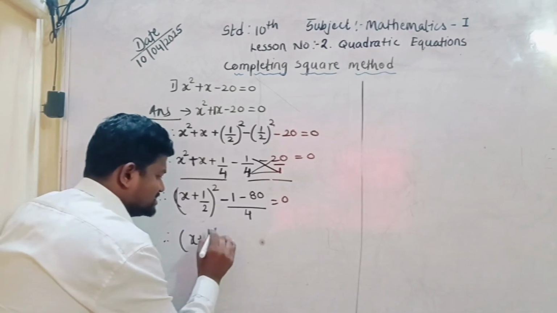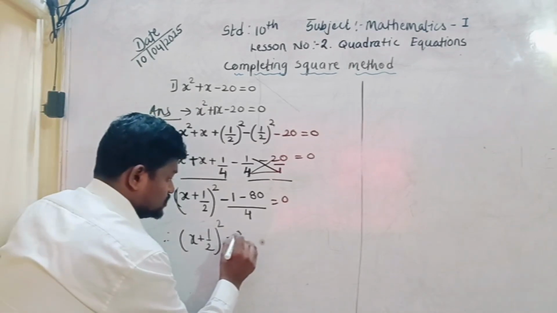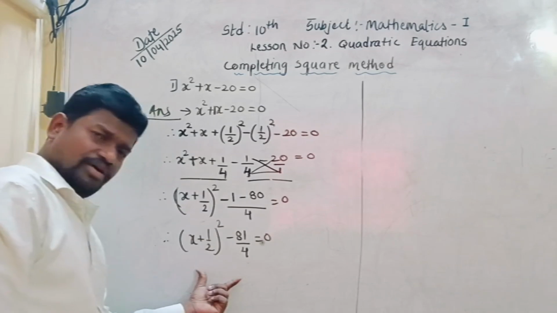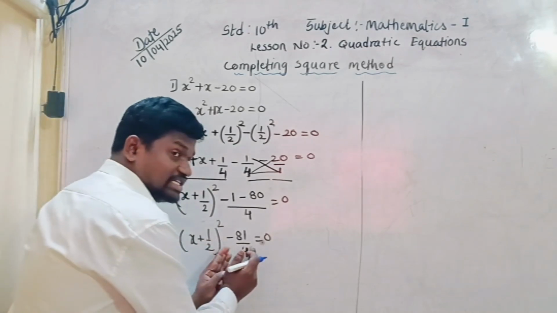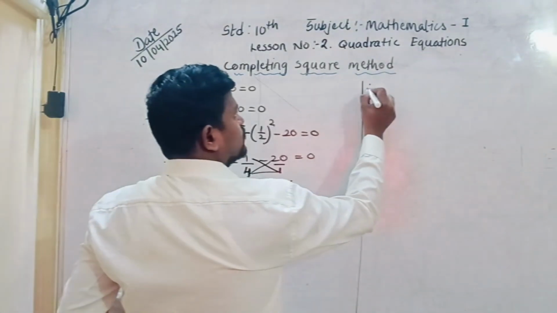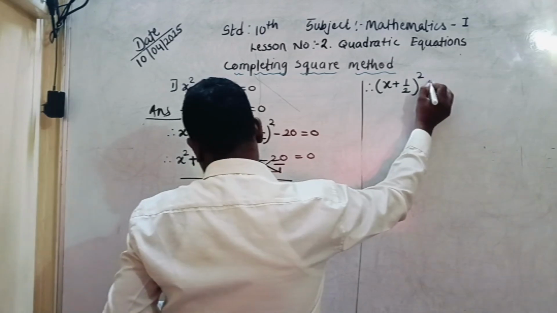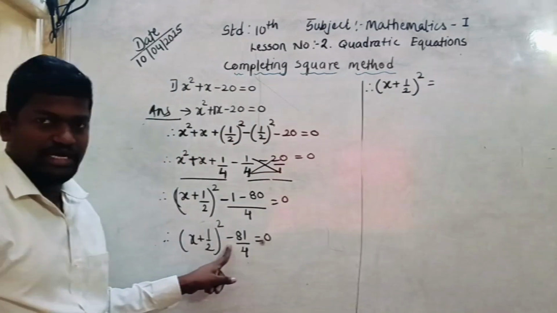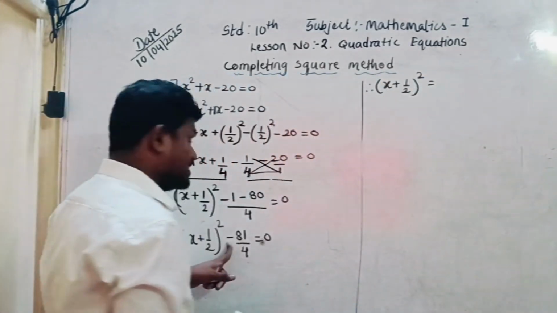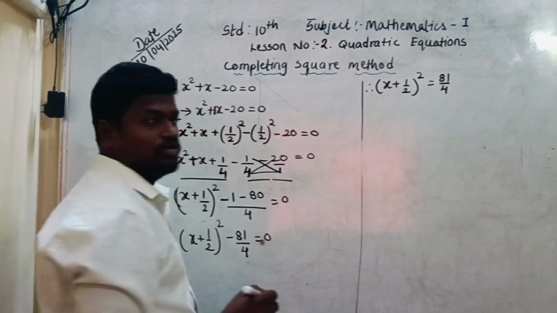So we have to write this as it is: minus, minus, plus, so minus 81 upon 4 equal to 0, that we got. Now shift this minus 81 upon 4 to the right side. So what happened? (x plus 1 upon 2) bracket square is equal to minus 81 upon 4. When it goes to the right side, it changes the sign, that is, minus turns into plus, a positive number.